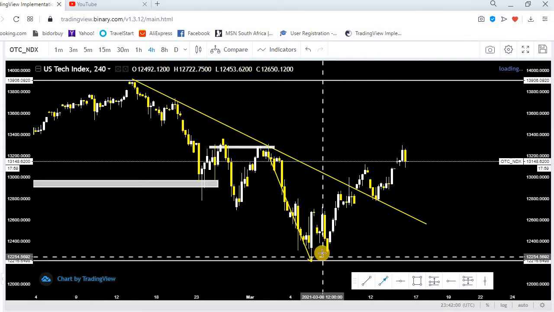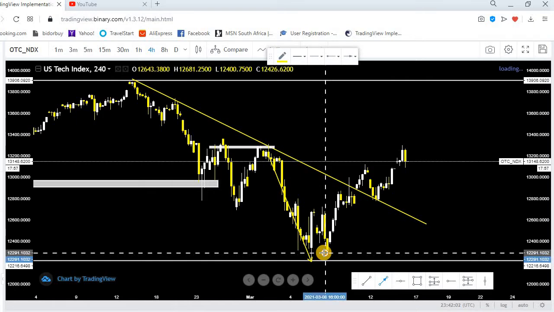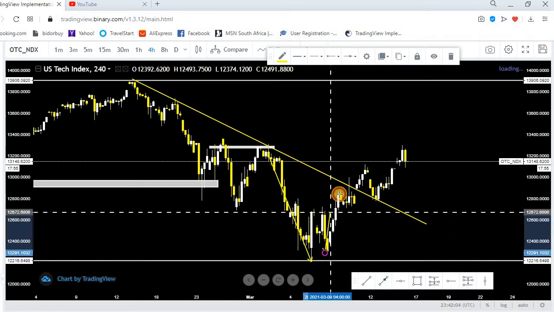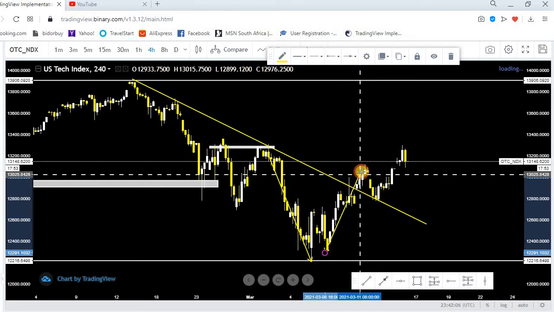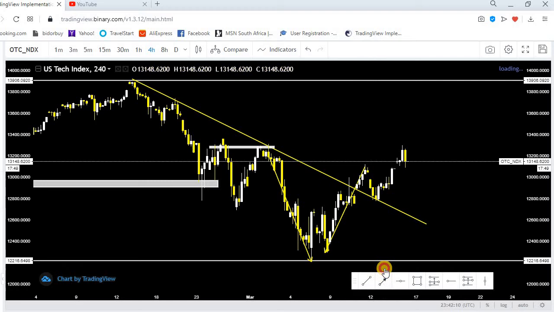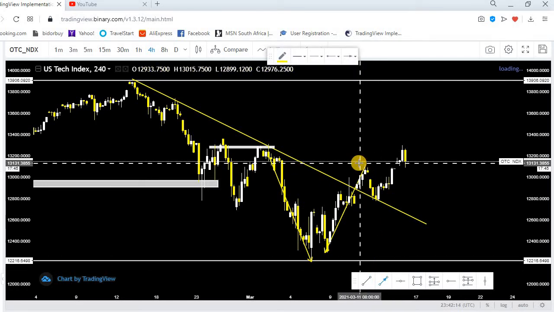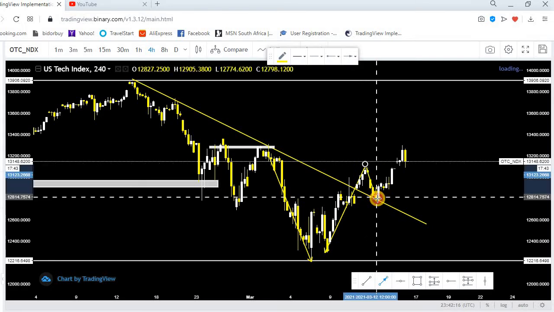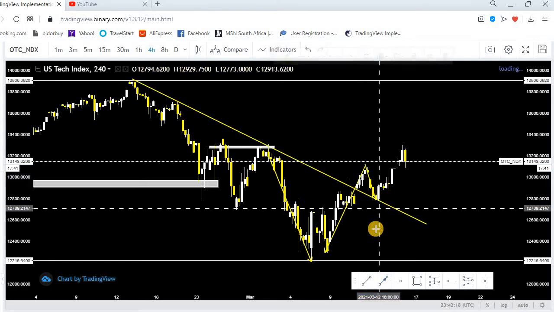From that W formation, it went up, broke the trend line created earlier, and came back to retest it. It never leaves without showing signs of technical confirmation.